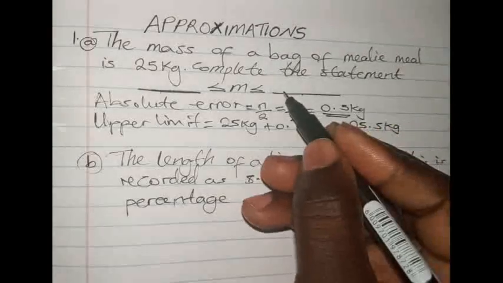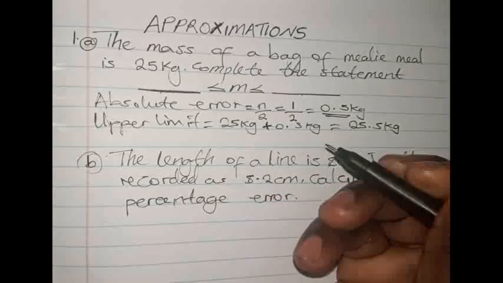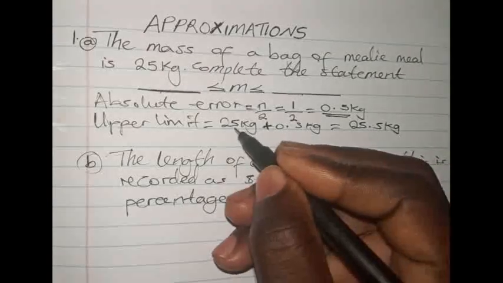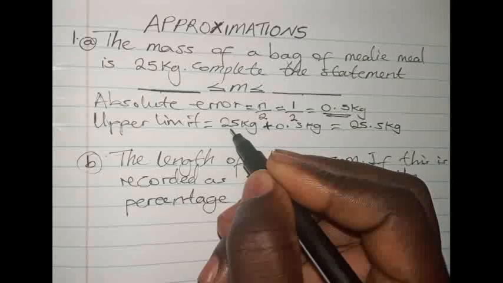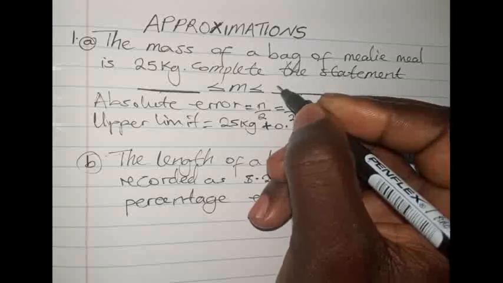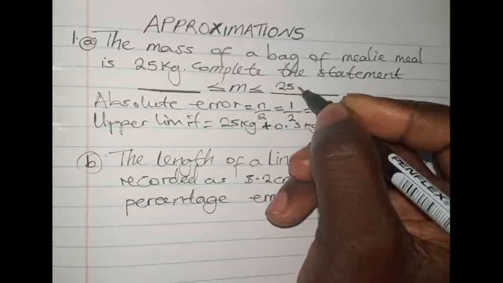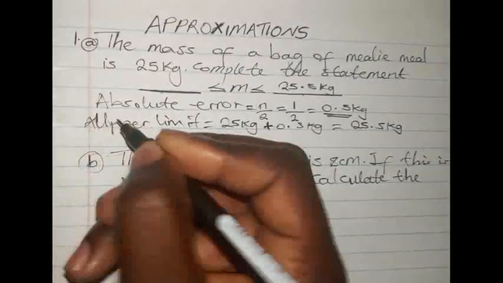So here we add the original or given mass plus the absolute error. So our answer here will simply be 25.5 kg. So that is the upper limit.